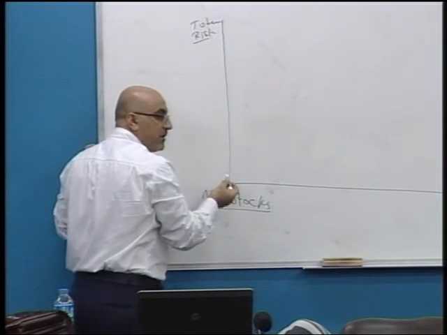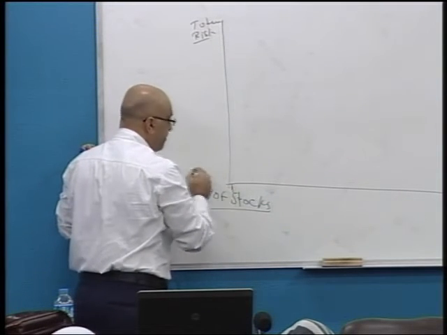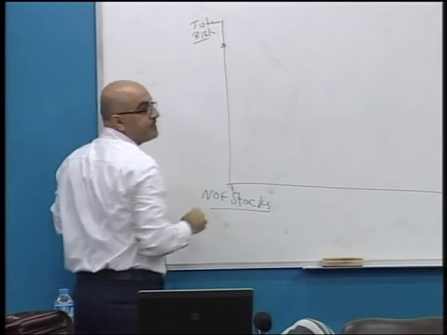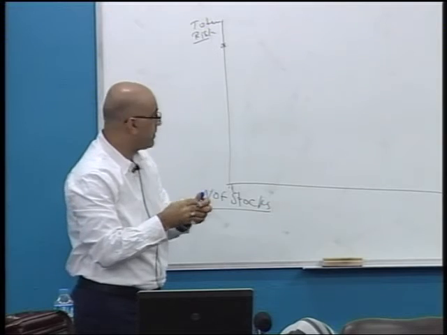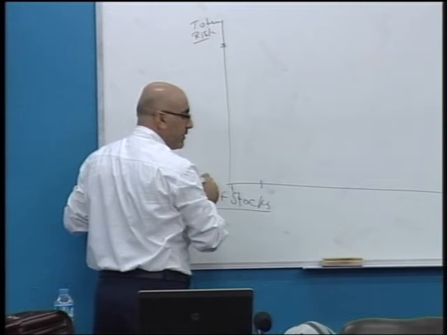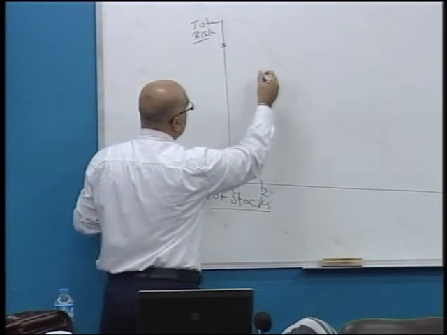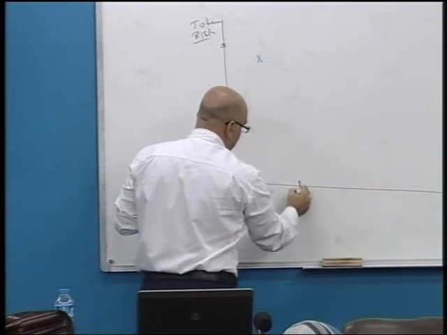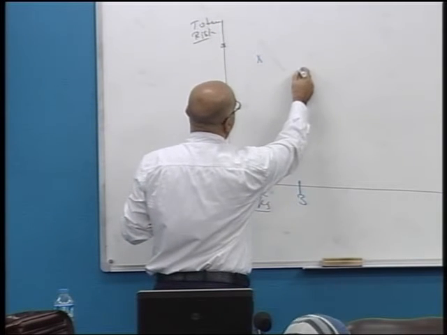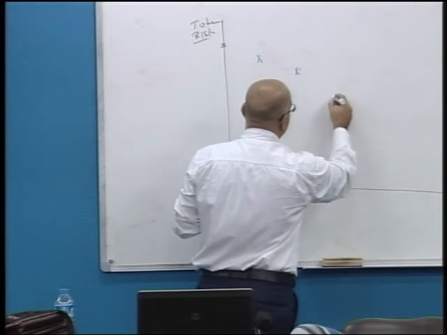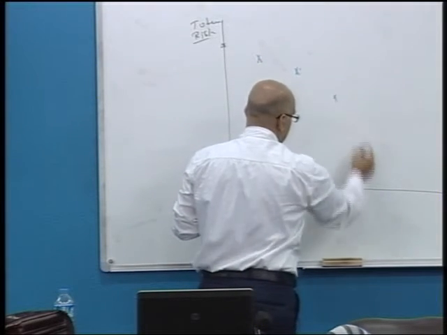If we invest in only one stock, we will have this risk. If we add another stock, the risk is in here. If we add 3, the risk will be here. If we add 6, the risk will be here.